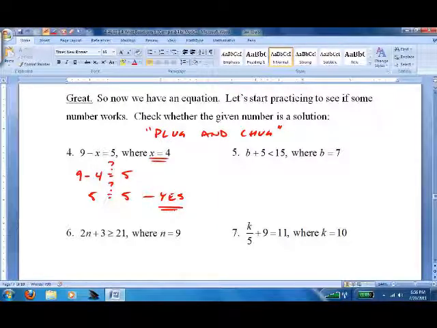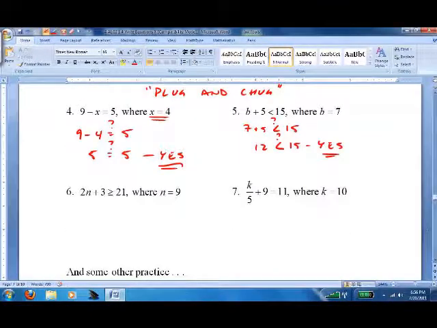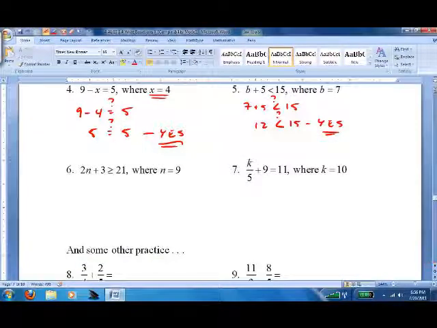B plus 5 is less than 15, where B equals 7. 7 plus 5, is it less than 15? 7 plus 5 is 12. Is 12 less than 15? Yes. 2n plus 3 is greater than or equal to 21, where n equals 9.